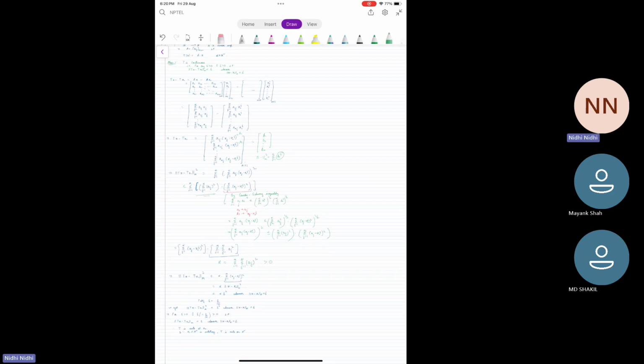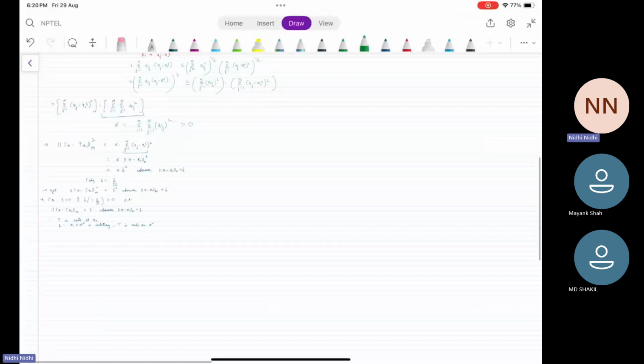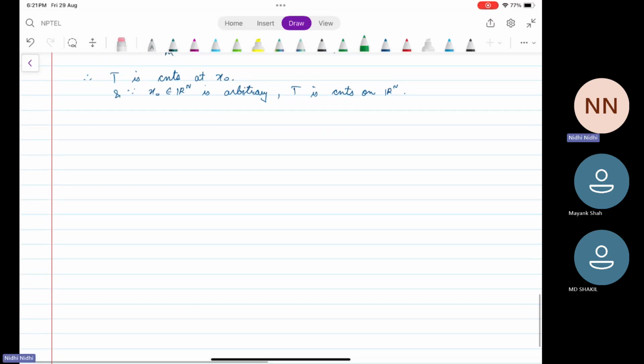Okay, so next we'll look at the operator norm. Now, since this T is a continuous linear map, therefore it is a bounded linear operator, a bounded linear function. T is linear and continuous.